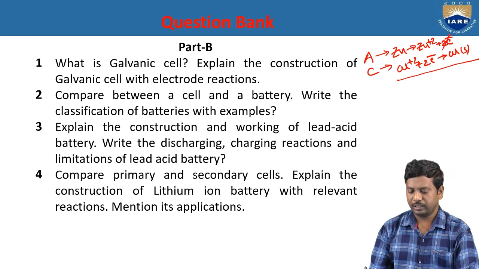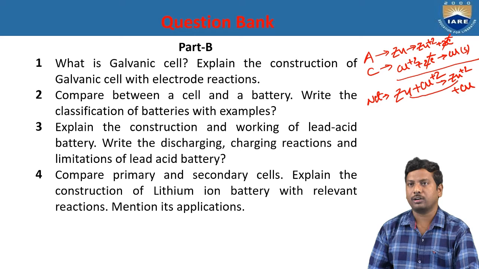That means finally it loses 2 electrons. Zinc plus copper plus 2 is the net cell reaction, giving zinc plus 2 and copper. From zinc to zinc plus 2, oxidation takes place, and copper undergoes reduction.